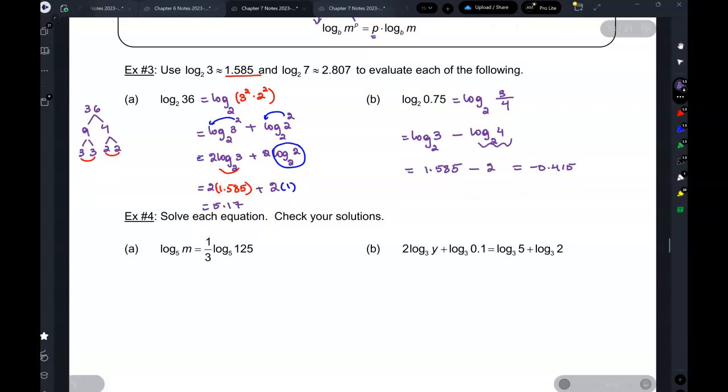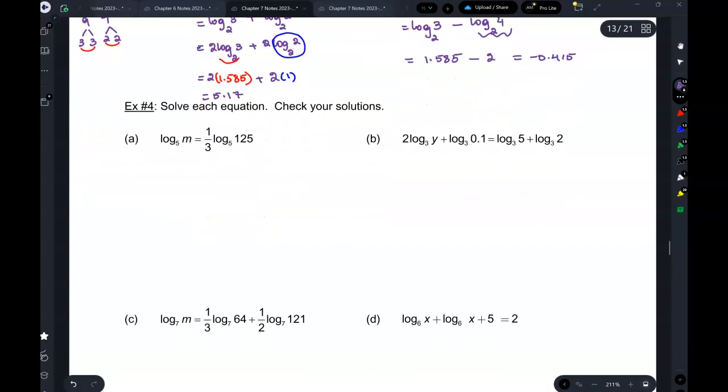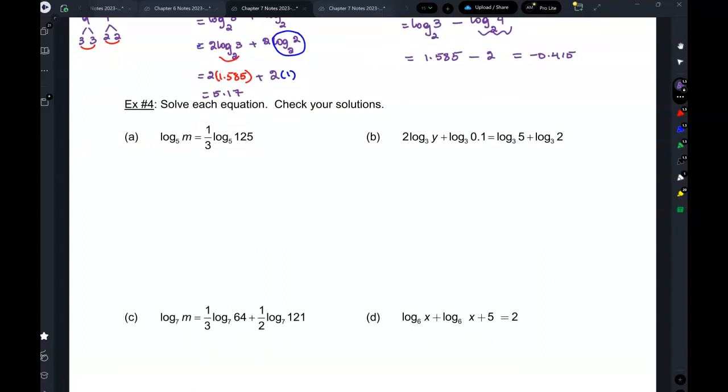Okay, fabulous. All right, so let's solve each of these equations. To solve this, I need to use the properties that I was using last lesson, which is if you have identical logs, you can set their insides equal to each other. This one we're almost there, except this 1 over 3 needs to go back and become an exponent.